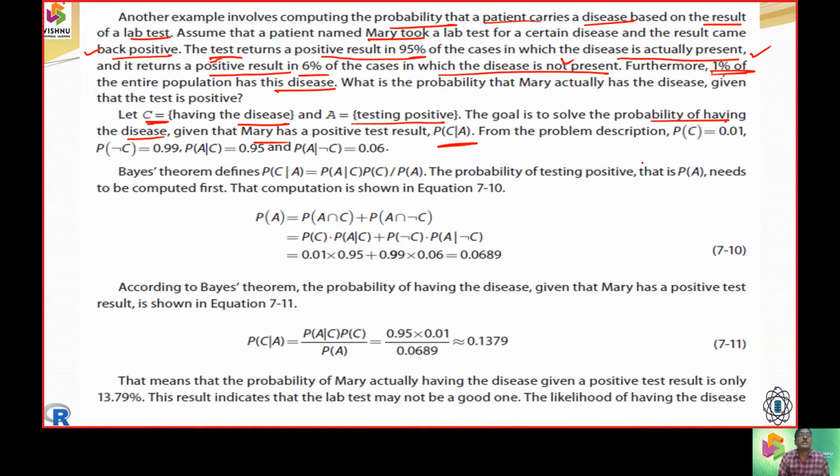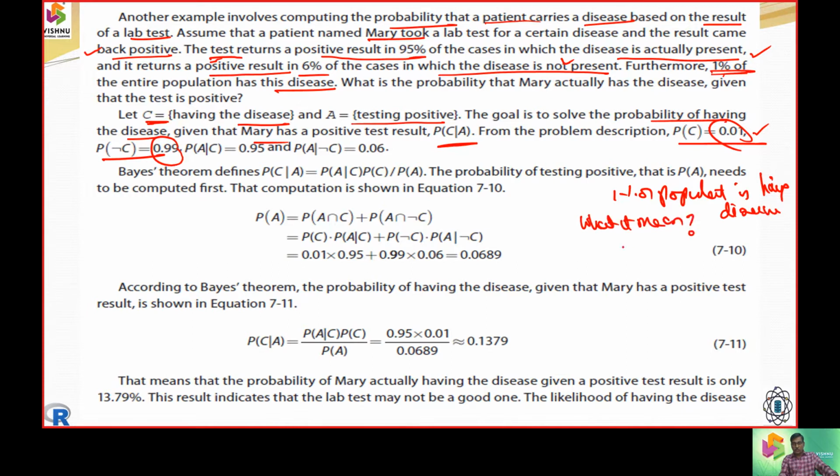In the entire population, we have only 1% with the disease, so we give 0.01. And for 99% of the population, the disease is not there. You told that 1% of the population has the disease, so what does it mean?